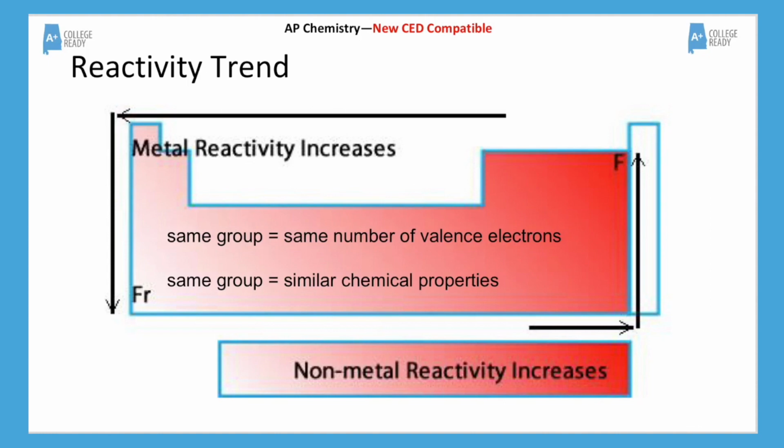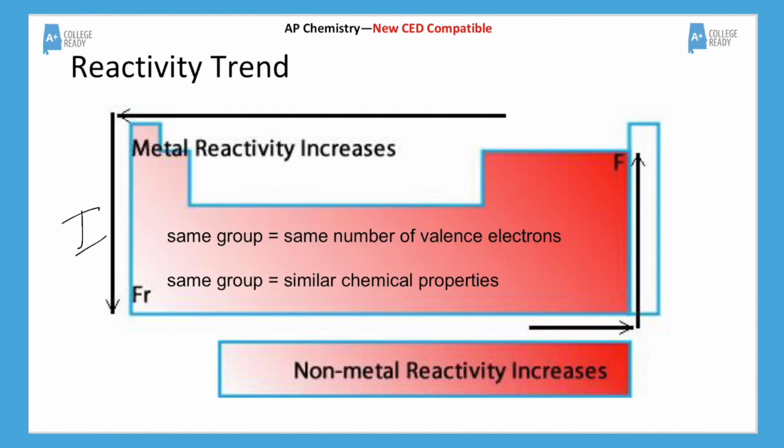And because of these trends, we can really talk about reactivity of metals and nonmetals, okay? And really, this kind of goes back to what I was saying when we were talking about electron configurations, is that the elements in the same group have the same number of valence electrons. That's why they have the same properties. And for metals, notice the reactivity of metals increases going down a group.